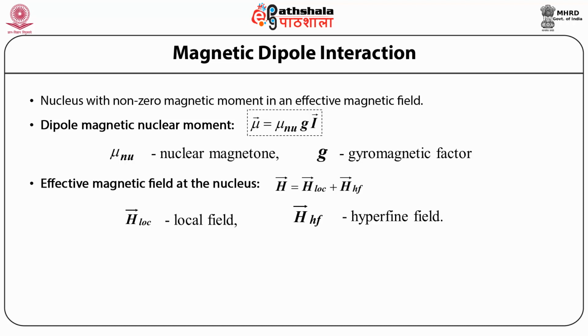And further, the excited state whose spin is 3/2, if there is only quadrupole, was a doublet: plus minus 3/2 and plus minus half. Whereas if there is magnetic hyperfine splitting, then the plus minus 3/2 is split into a doublet and plus minus half is also split into a doublet.